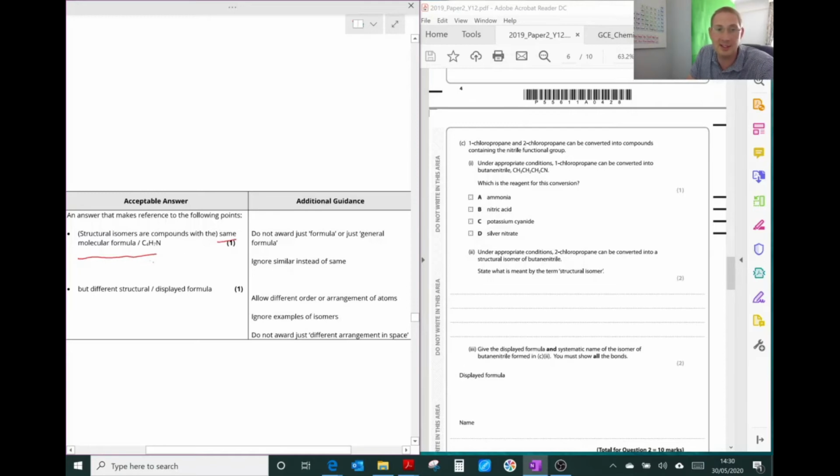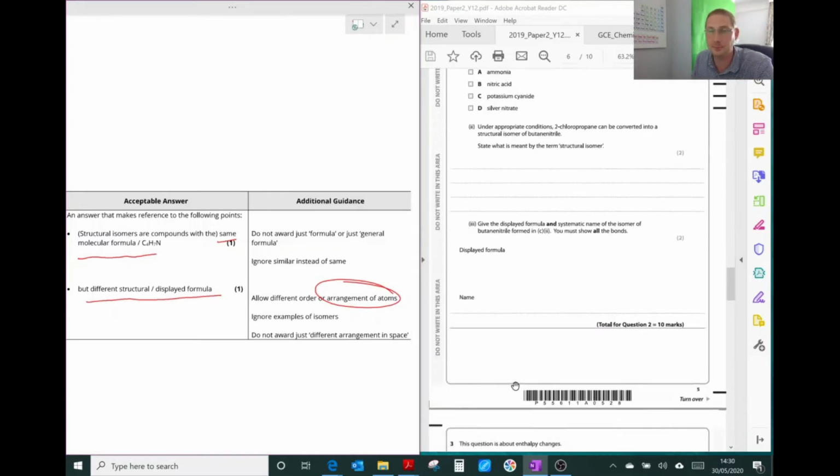Ignore similar, it has to be the same molecular formula, but they have different structural or different displayed formula. Allow a different order arrangement of atoms, so I would have got that mark. Ignore examples. Here, interestingly, it says do not award general formula, because of course they have to have exactly the same formula if they can be structural isomers.